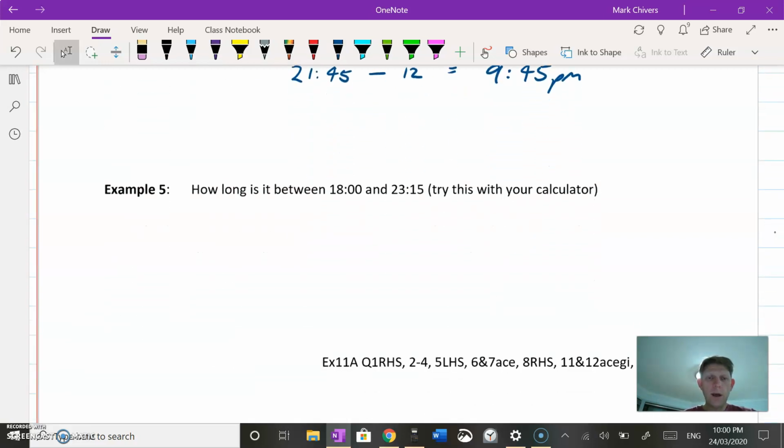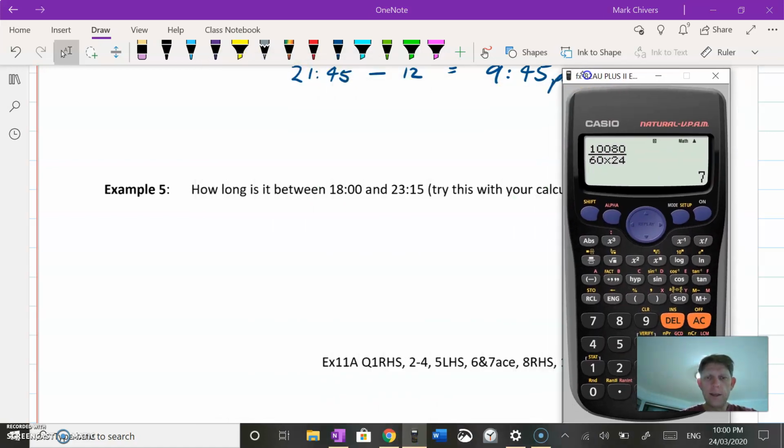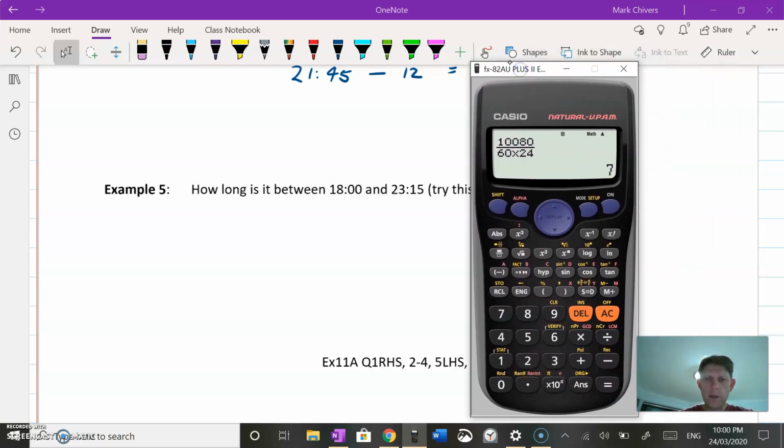We can also work out a little bit easier with 24-hour time the distances between two amounts of time, because we don't have to consider the break between AM and PM, and as well as that we can use our calculator. So if we had this example here, we wanted to go from 23 hours 15 minutes, take away 18 hours no minutes.